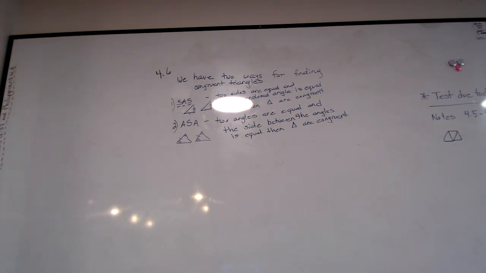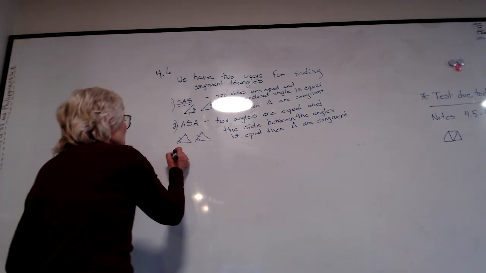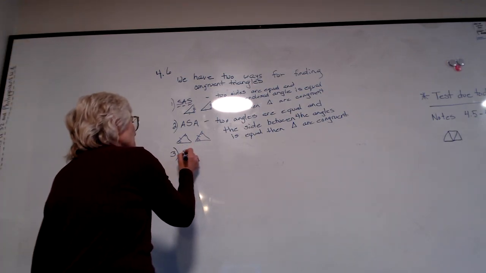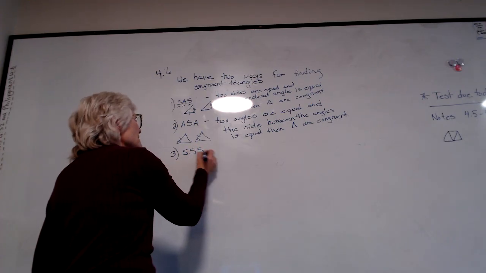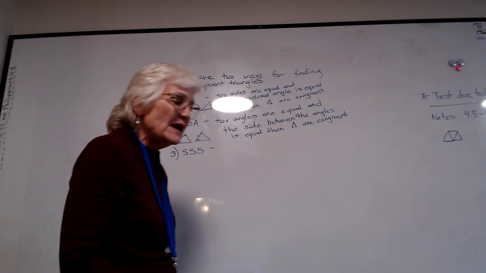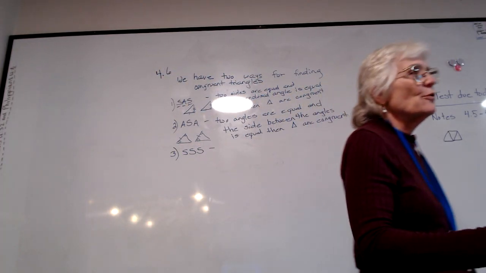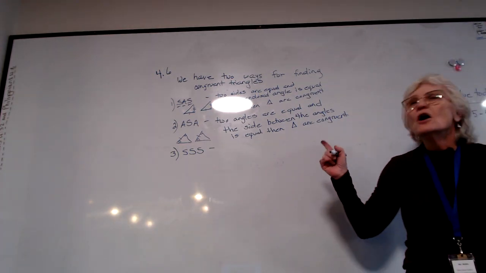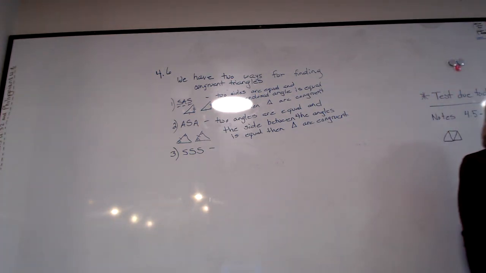We are going to learn one more thing that proves triangles are the same. And this one is called SSS. Now, based on what we talked about before, what do you think the SSS thing tells us? Yes.